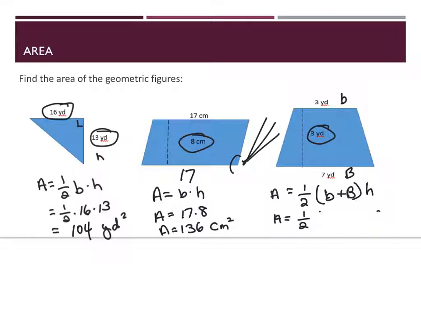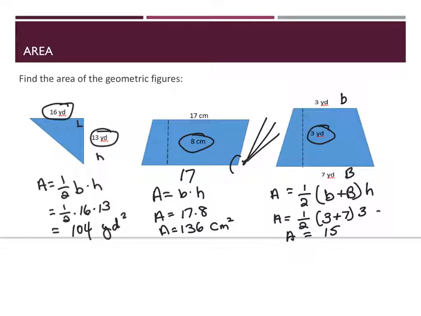1/2, my little base is 3, my big base is 7, times my height, which is also 3. And again, if I put my fraction in parentheses, I can type that in exactly the way it looks. So if I've got 10, half of 10 is 5, times 3 is 15. So my area is 15.